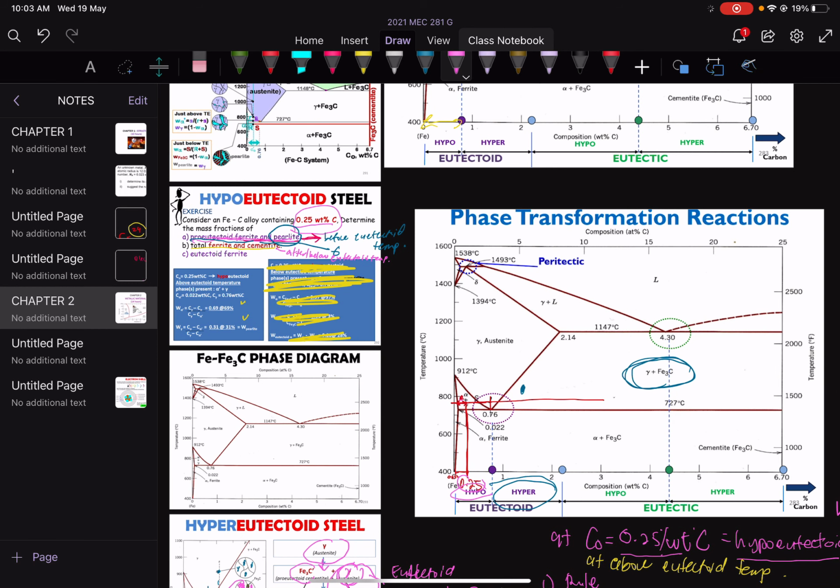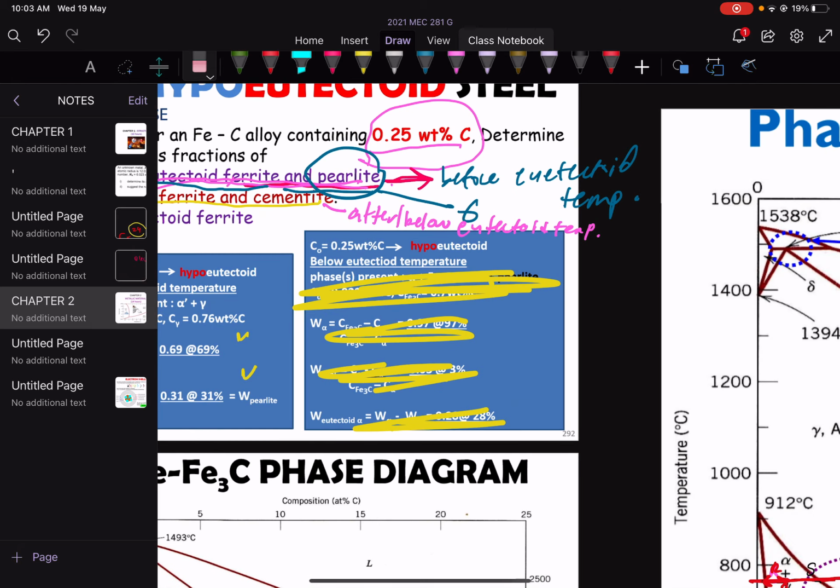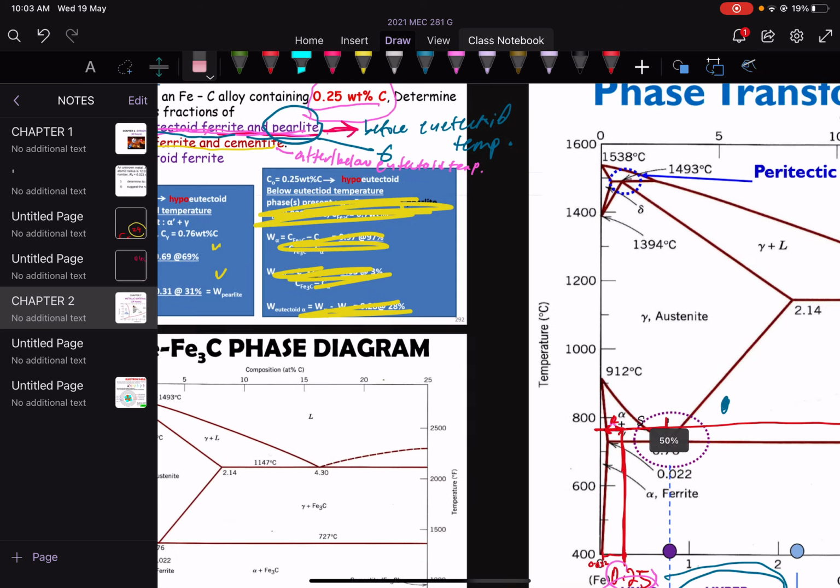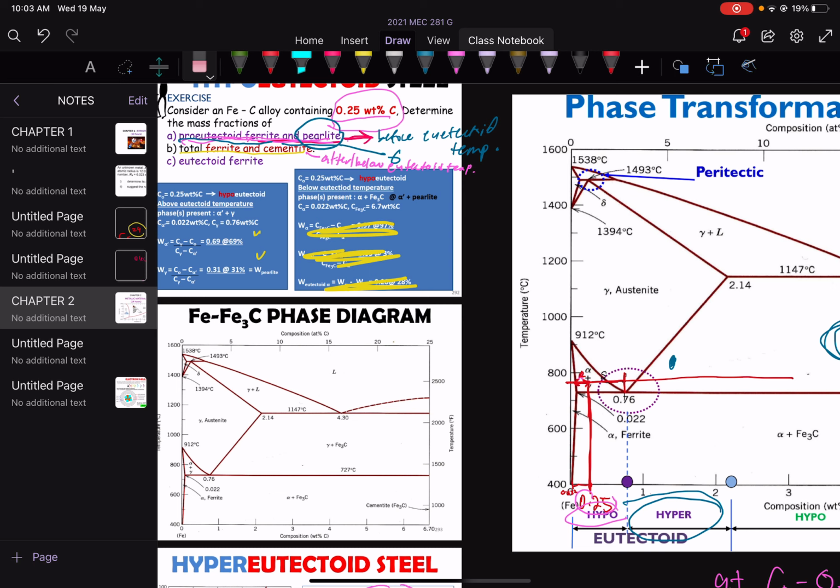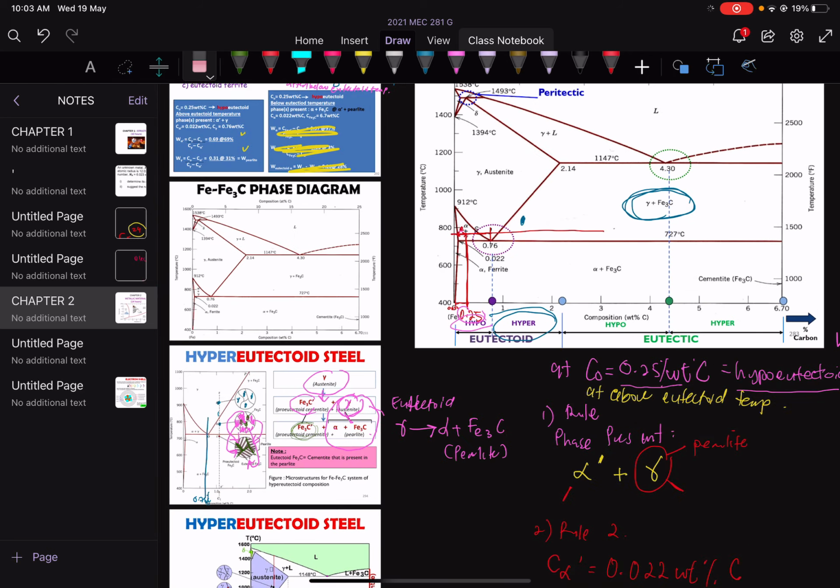Okay, let's look first. Now the phase present is hypoeutectoid, and if you are to find ferrite and pearlite, we have to find below the eutectoid temperature. Okay, so we can see that below the temperature, C alpha is 0.02. Okay, and then C cementite, this is where it will become a little bit different.